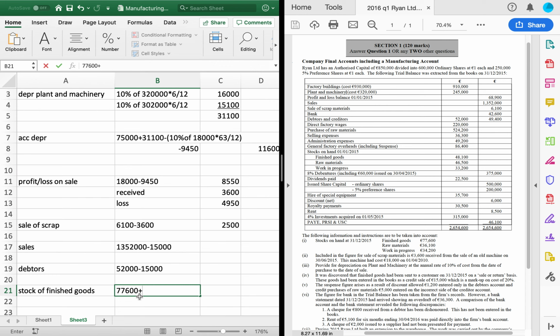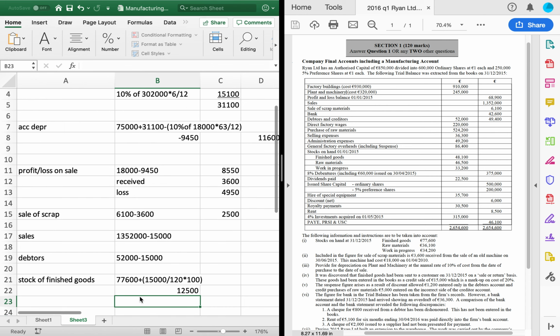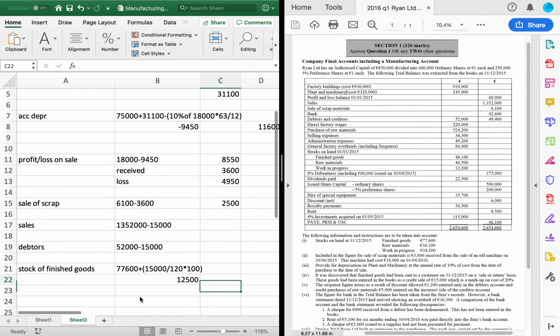The stock is valued at cost rather than selling price, so we have to add back on the cost price, which is 15,000 divided by 120 multiplied by 100, because it was marked up by 20%. So it's 12,500. So we're going to add that back on. Okay, it's unlikely that that'll change again, so I'll just work out my total there.